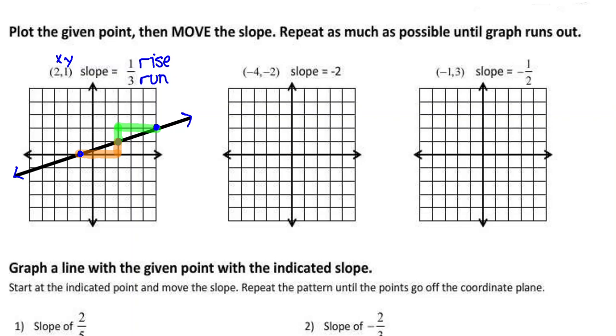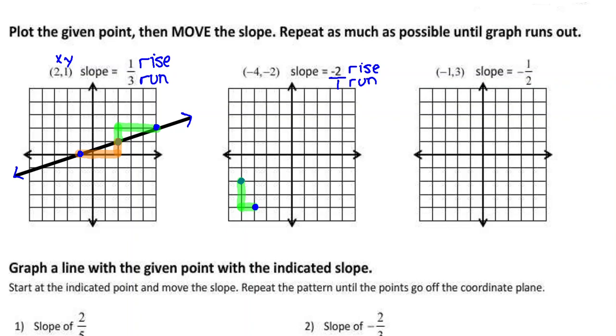Okay, my next one is at -4, -2. Walk and fly, x and y. Remember, whole numbers go over 1, so this is rise over run. Rise -2 means I'm going down 2, +1.